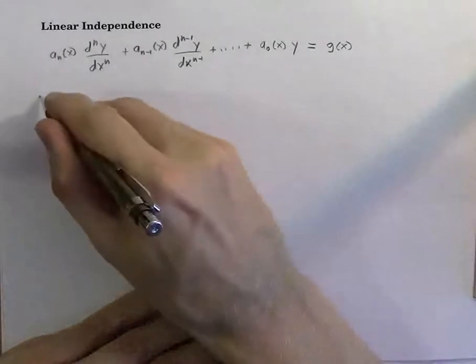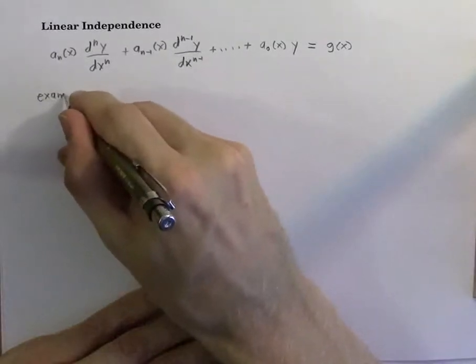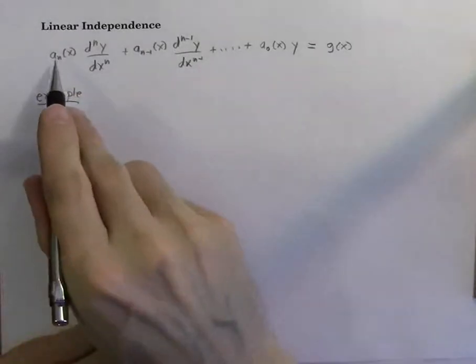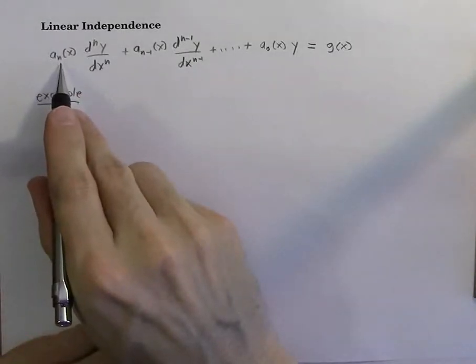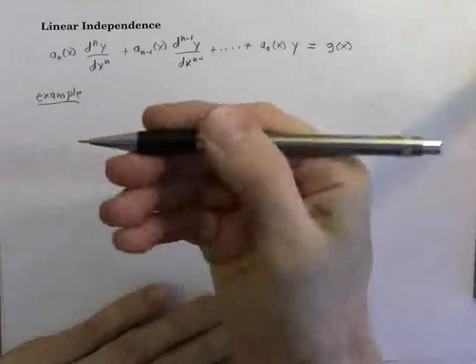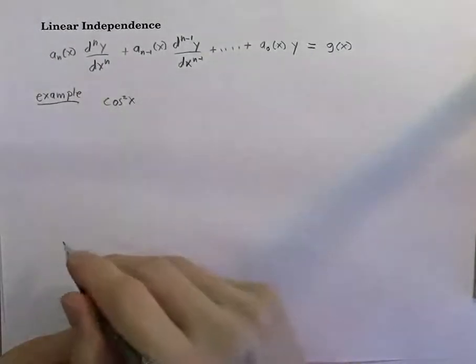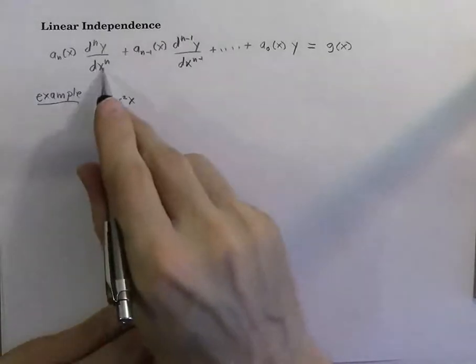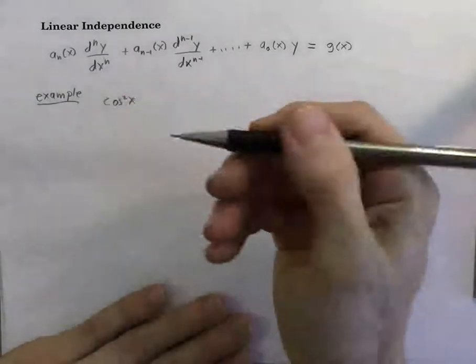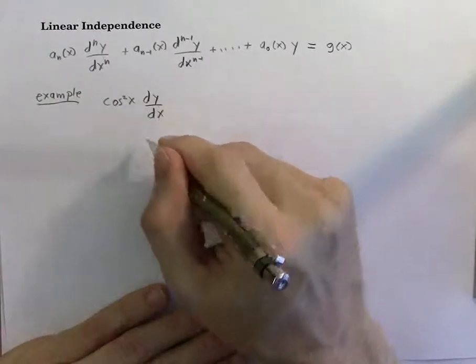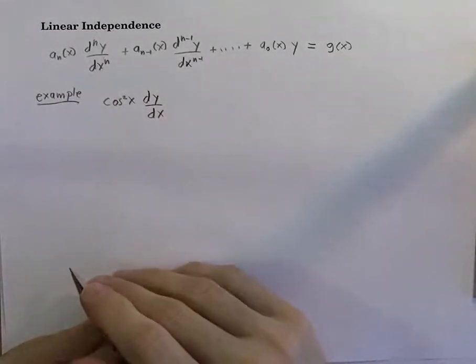As a very simple example, let's just write down the following. We have to start with some function of x. So maybe that could be the cosine function, so cosine squared of x, and then multiplied by some derivative of y. Just to keep this really simple, let's make that the first derivative of y with respect to x.